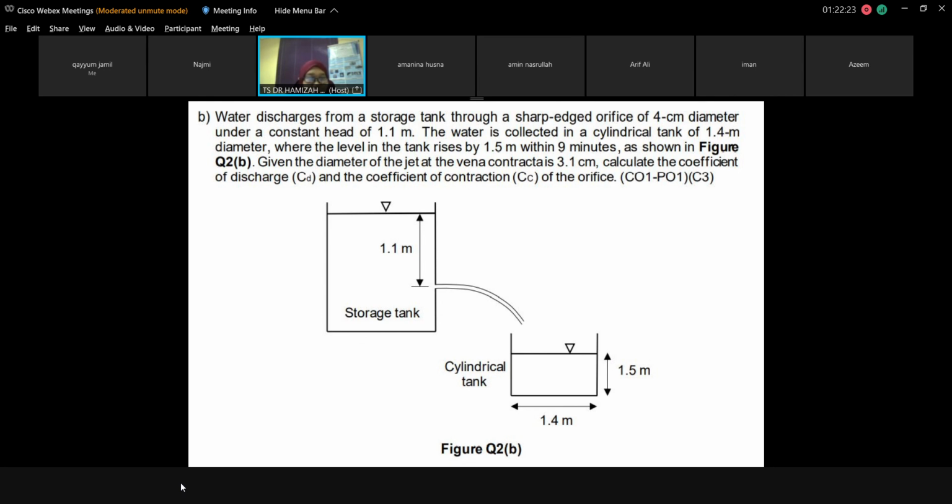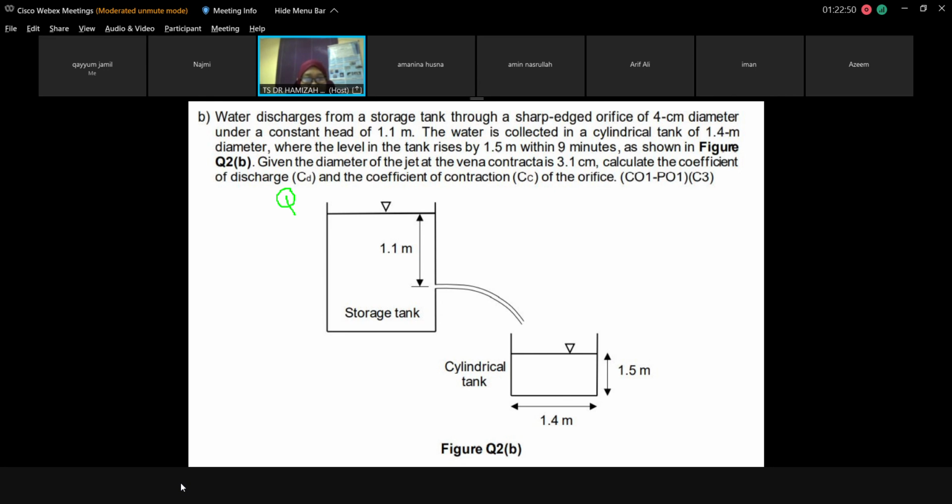CD boleh dapat daripada Q. And CC dapat kat mana? Kat mana nak kira CC tadi? Tadi CD dekat discharge. CV dekat velocity.